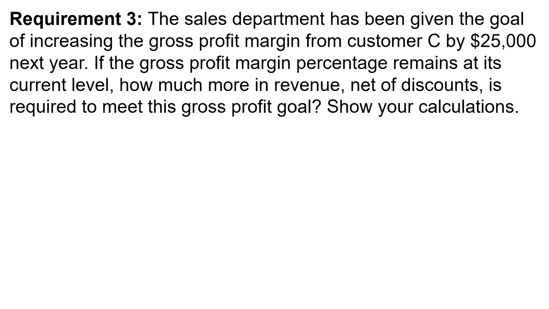So moving on to requirement number 3, the sales department has been given the goal of increasing the gross profit margin from customer C by $25,000 next year. If the gross profit margin percentage remains at its current level, how much more in revenue, net of discounts, is required to meet this gross profit goal? And we need to show our calculations.